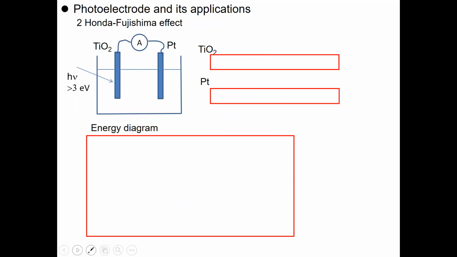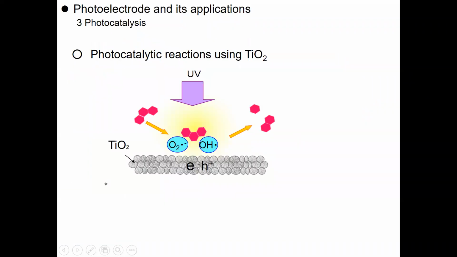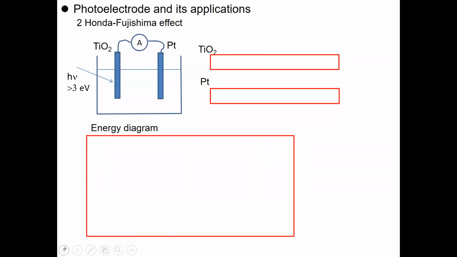So in case of the photocatalytic water splitting, the light helps or induces the water splitting. This phenomenon was first found by Professor Honda and Fujishima, and it is called the Honda-Fujishima effect.